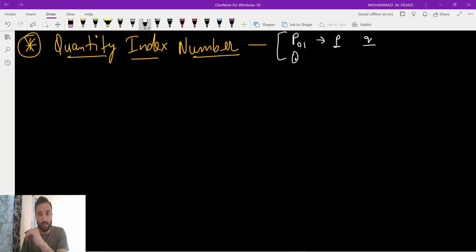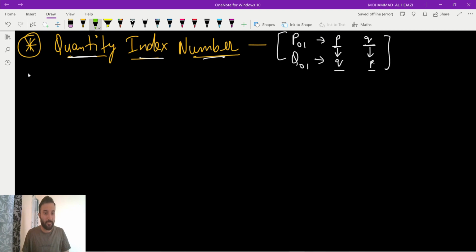In the quantity index number, quantity is Q, and index number 01 compares from previous year to current year. So wherever P is there, it will get replaced by Q, and wherever Q is there, it will get replaced by P. That is the only change from price index number to quantity index number.